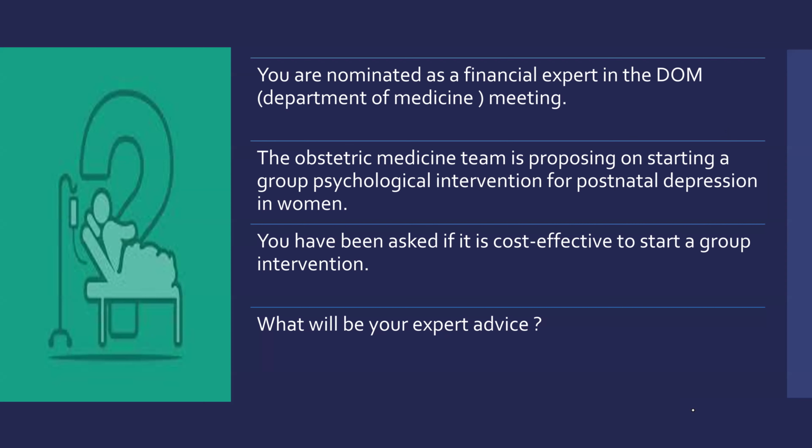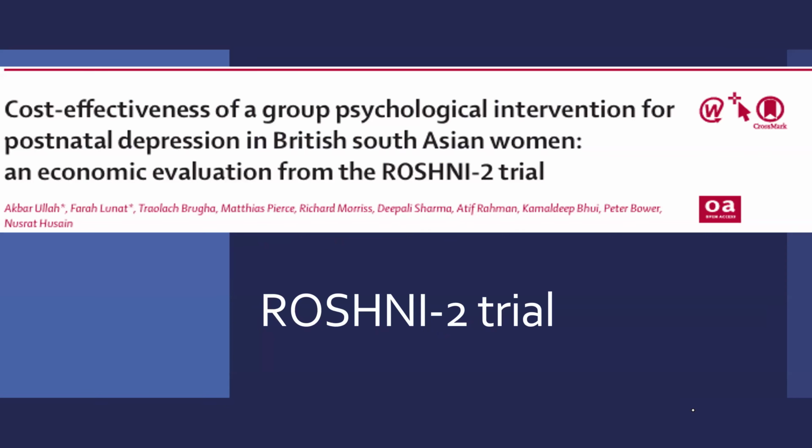What would be your expert advice? To answer this question, this is a study I've taken for today. I think you would have got a handout. We will today look at cost effectiveness of a group psychological intervention for postnatal depression in British South Asian women. So this was, like Sir said, an economic evaluation from the Roshni 2 trial. I will be coming to that trial also.